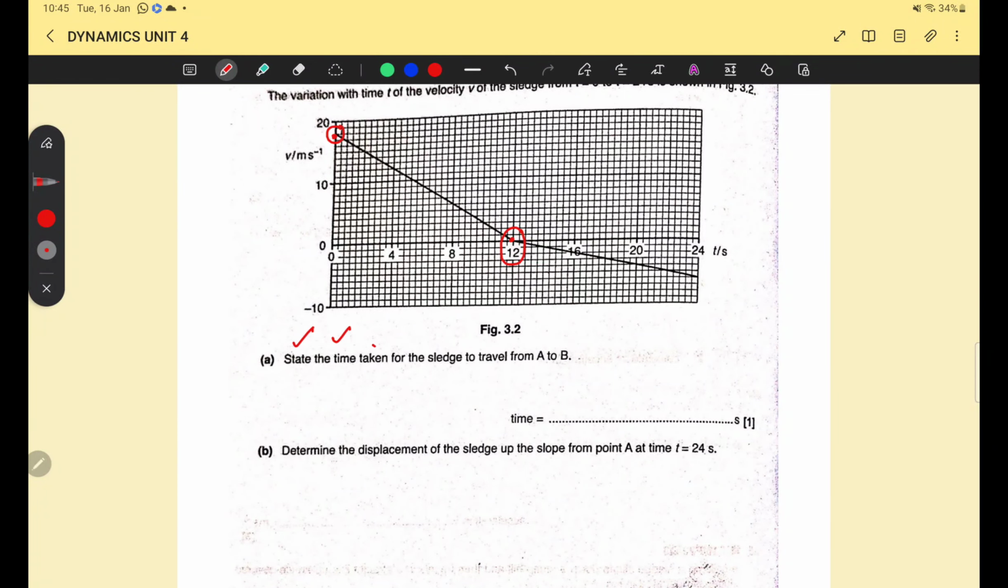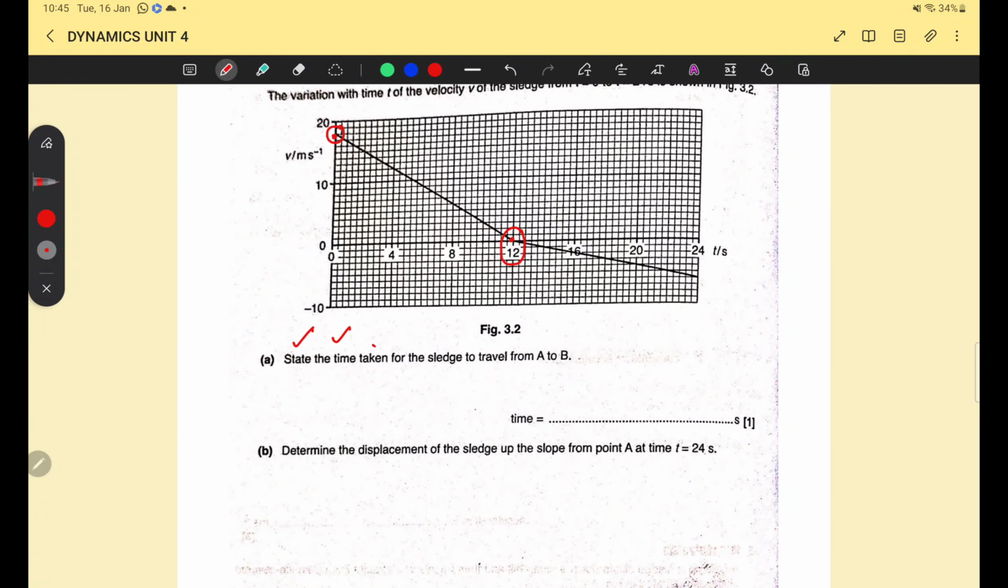Now they are asking to determine the displacement of the sledge from position A to 24 seconds. What is the meaning of 24 seconds? Actually, the child on the sledge will first move from A to B, then return towards A. At point A, speed is 18, time is 0.